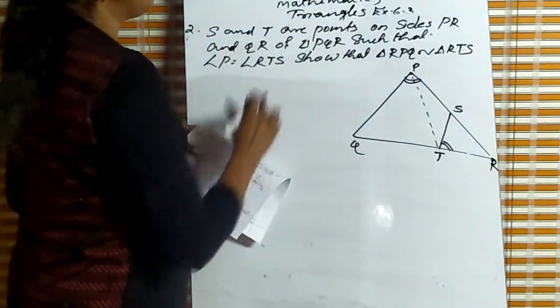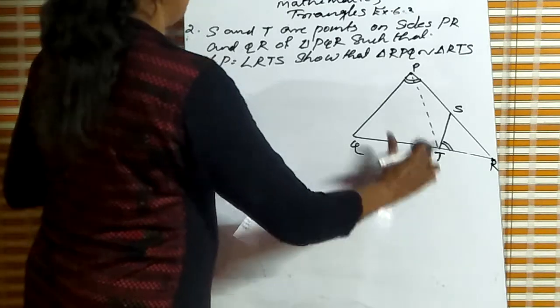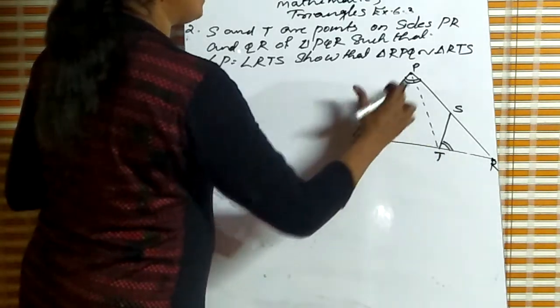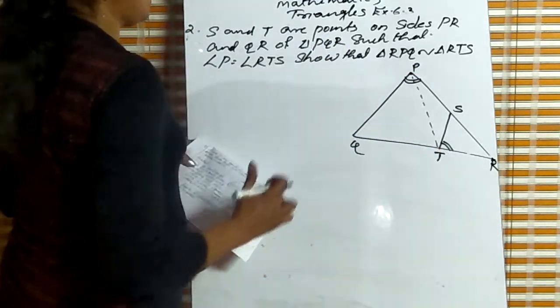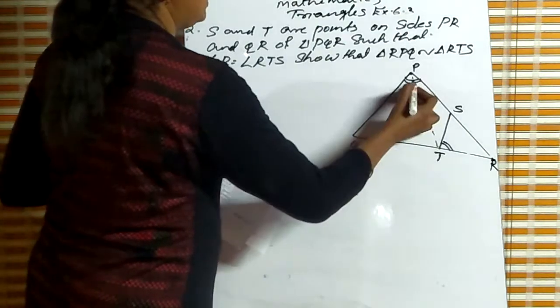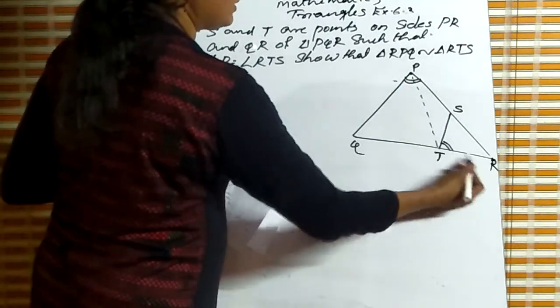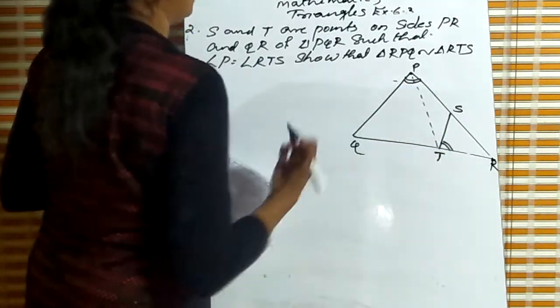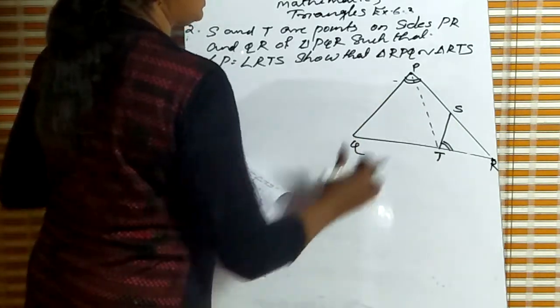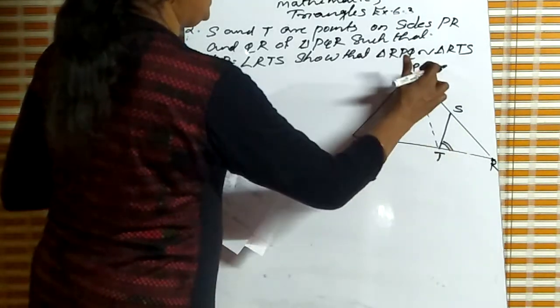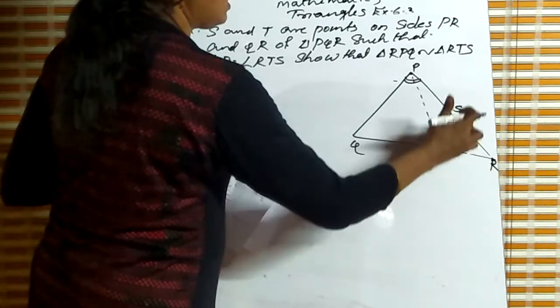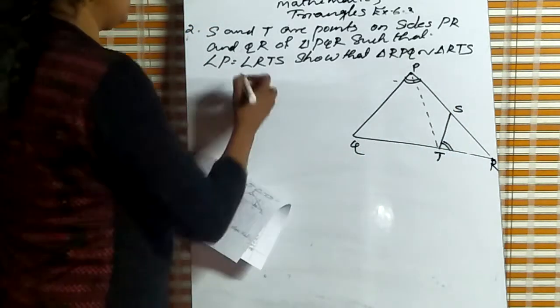S and T are points on sides PQ and QR of triangle PQR such that angle P is equal to angle RTS. These two angles are equal. Show that triangles RPQ and RTS are similar.